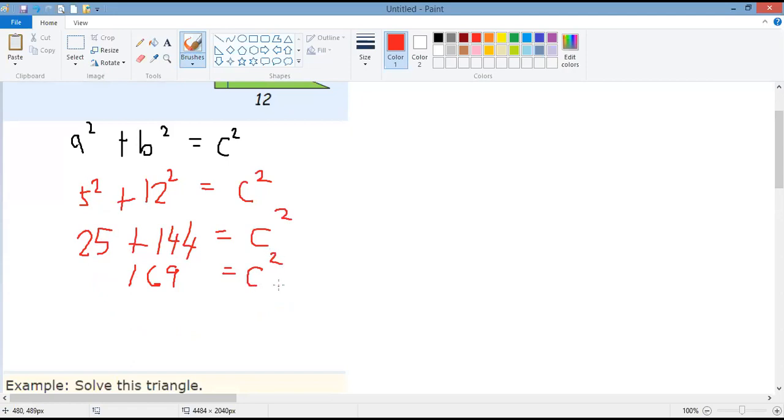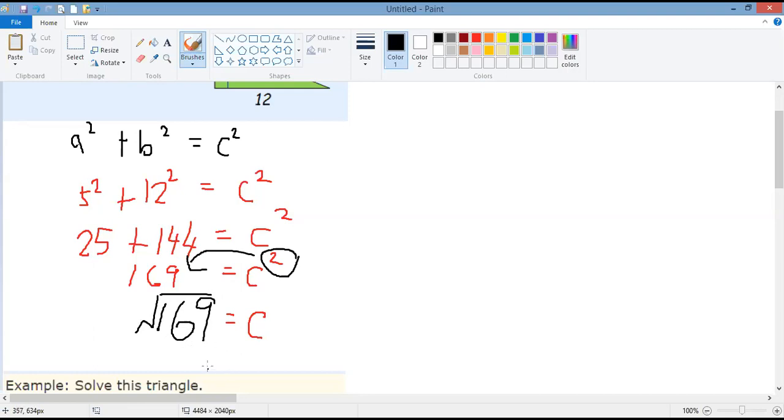To find C, I remove the square to the other side. When you remove the square to the other side, square will become square root. Okay, this is algebra. So you get C equals square root of 169.